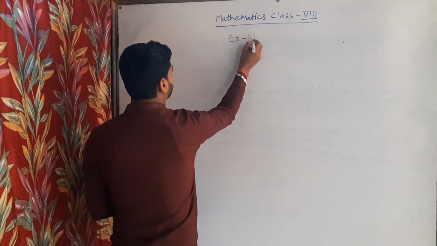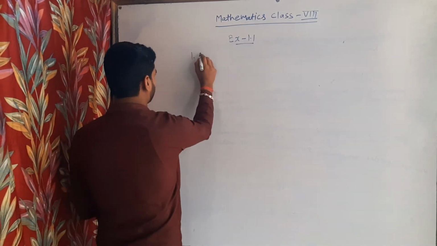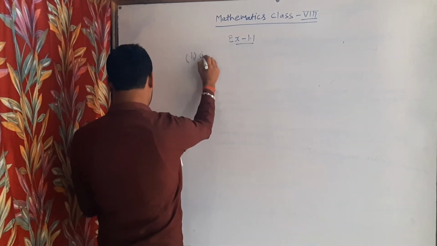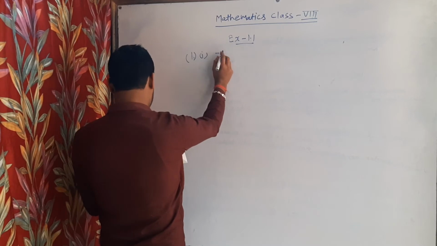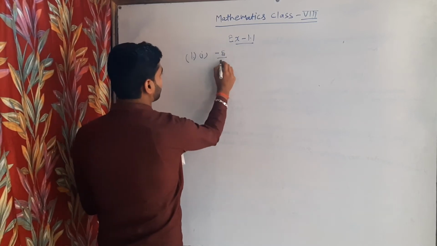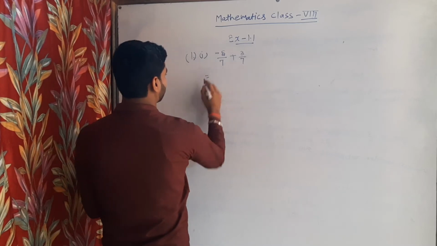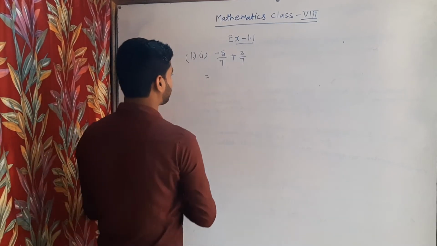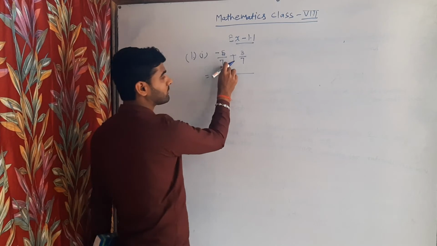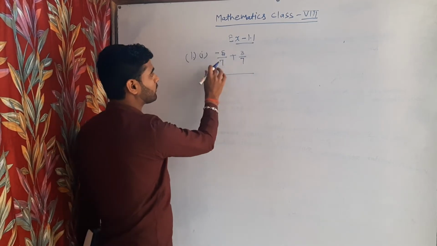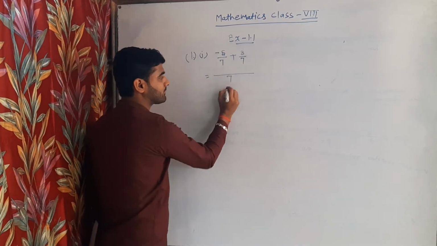Exercise 1.1, question number 1. First, we have to add minus 5 by 7 and 3 by 7. Firstly, we take LCM of both denominators. So LCM of 7 and 7 is 7.